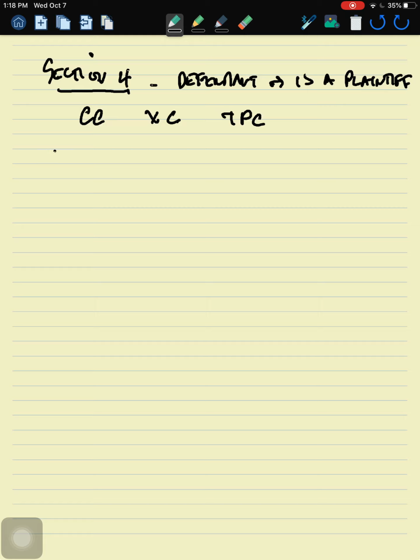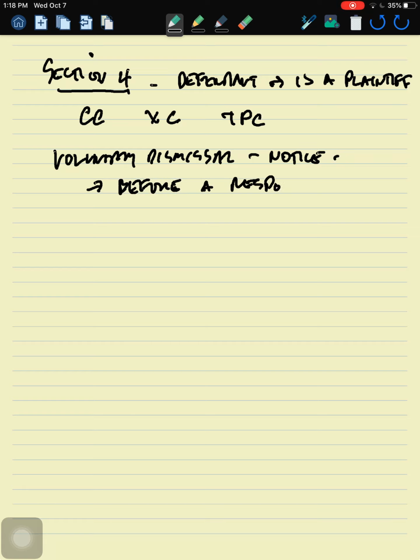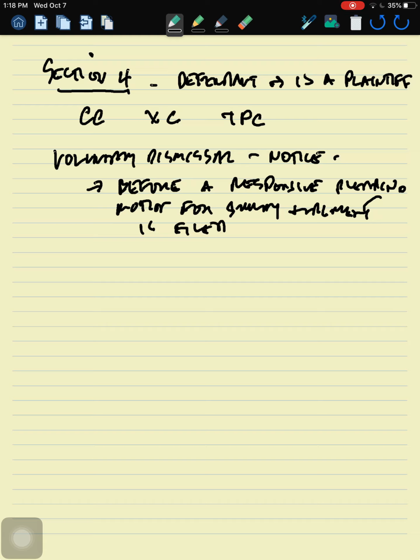Now, it says there that a voluntary dismissal by notice under Section 1 of the rule shall be made by the defendant before a responsive pleading or a motion for summary judgment is filed.